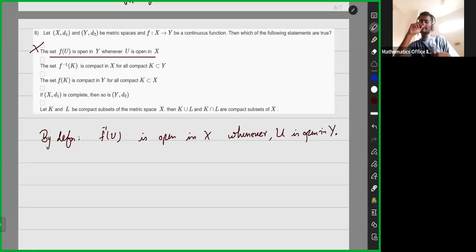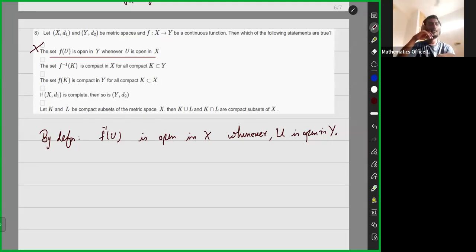Second option is about f inverse of compact sets being compact. Is this the case? Of course not, and we'll do a counterexample. If you want to give a counterexample, you can comment or tell directly.